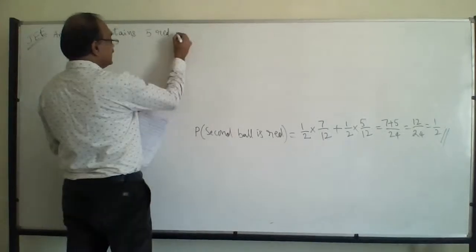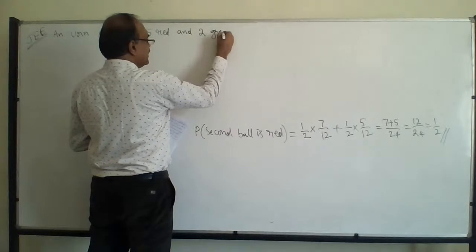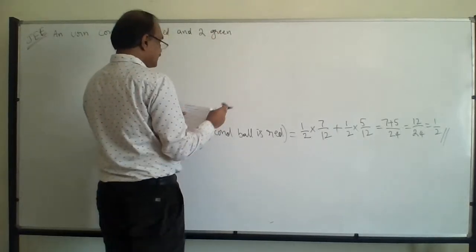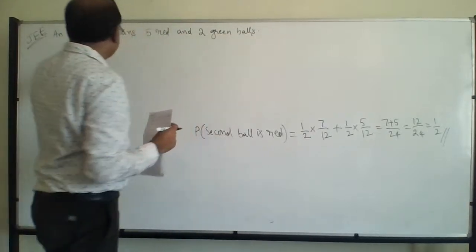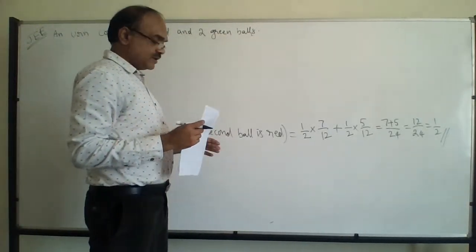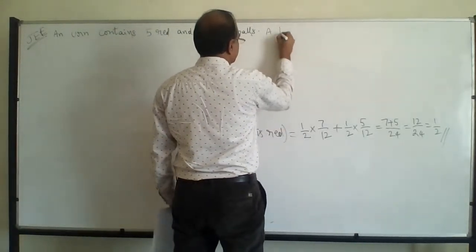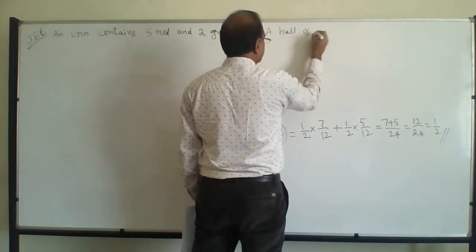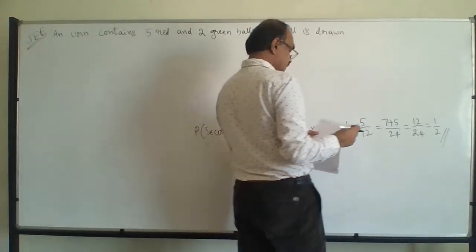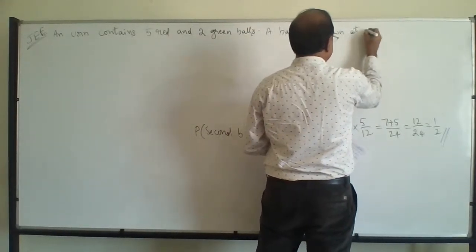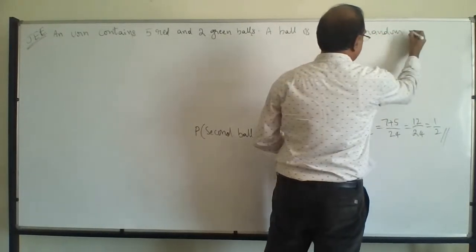An urn contains five red and two green balls. A ball is drawn at random from the urn.